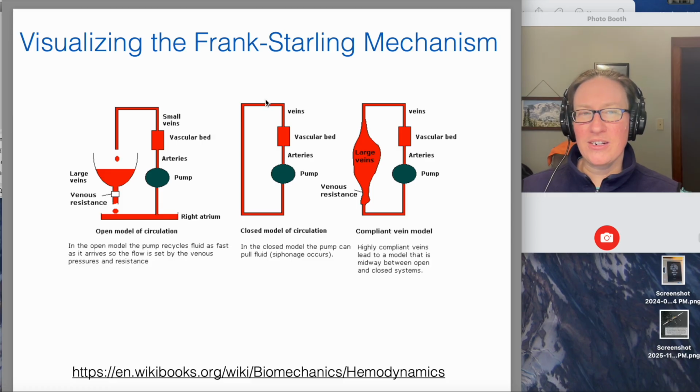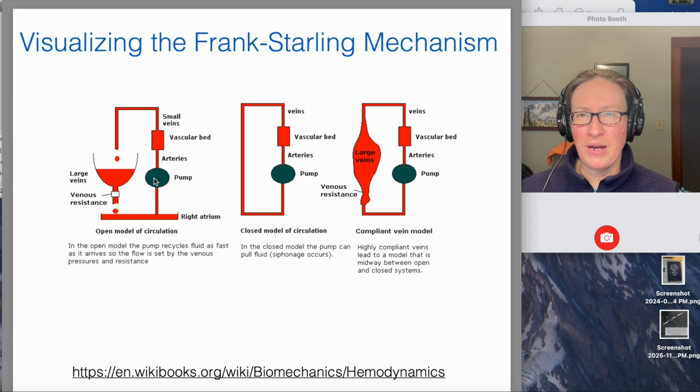Okay, but in contrast, we know that veins are distensible, right? So it's possible for more or less of the total blood volume in a person to be found in the venous portion of the circulatory system. A contrasting depiction is on the left here, this open model of circulation.